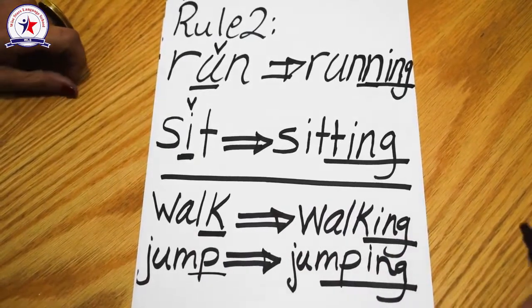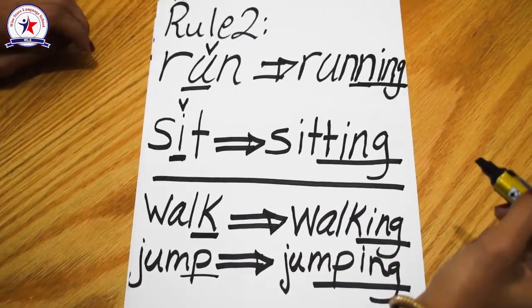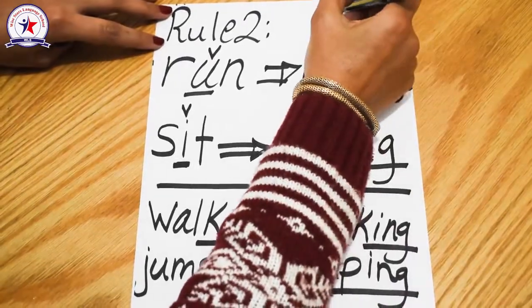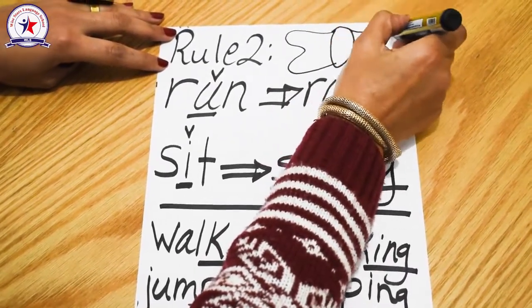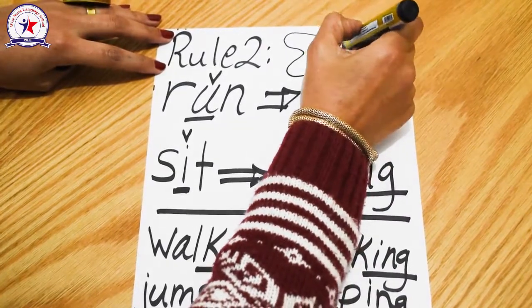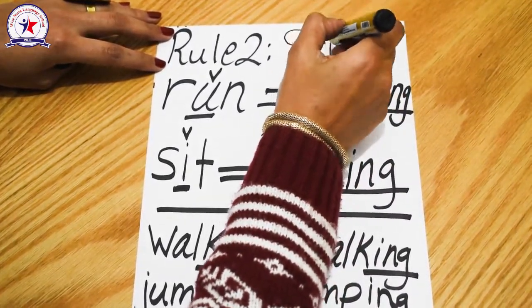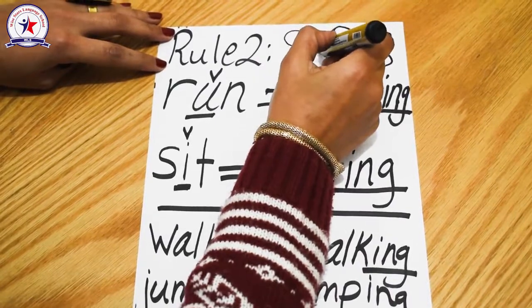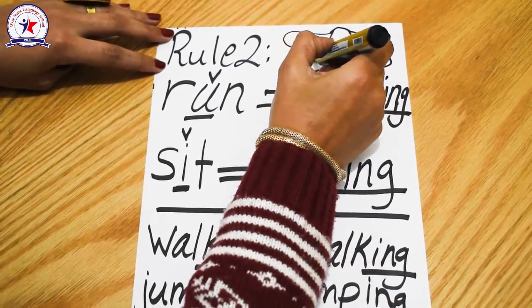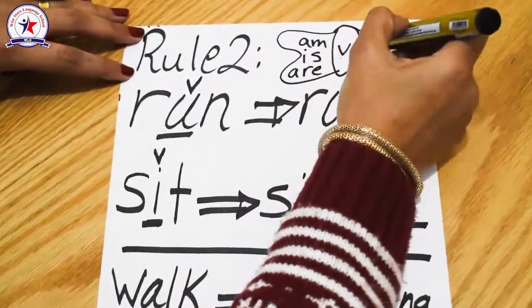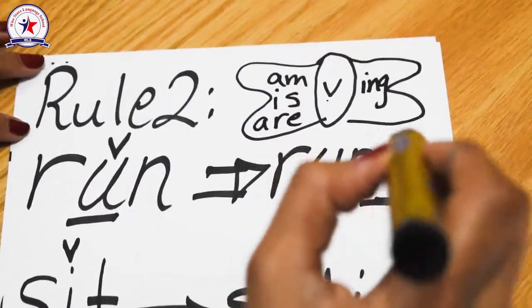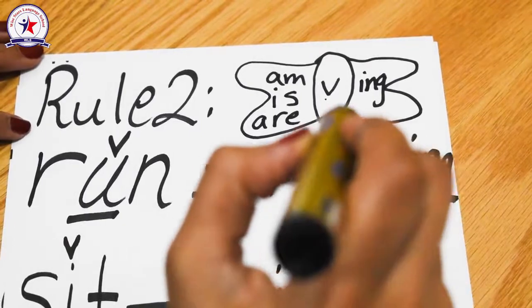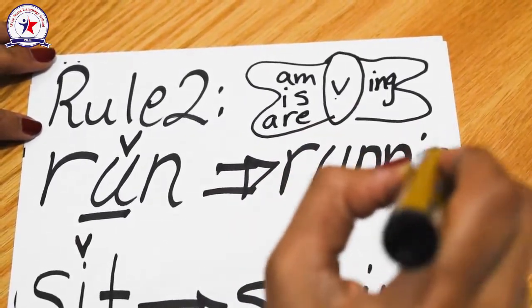So again, can the butterfly fly without its wings? No, so we cannot take out one of its wings. We have to use verb to be, am, is, or are, plus the verb, plus the ing. You have to be careful with which verb and which rule you are going to use.